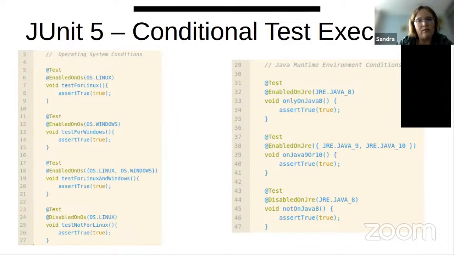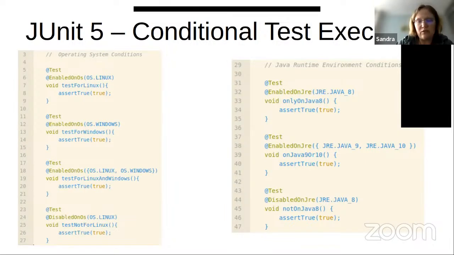In JUnit 5, you have the possibility of conditional test execution. You have annotations like EnabledOnOs, so you can say this test only runs on Linux, or on Windows. Or you can say this test is good, but on a Linux system you should disable it, using the annotation DisabledOnOs.